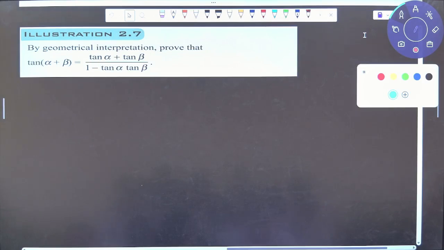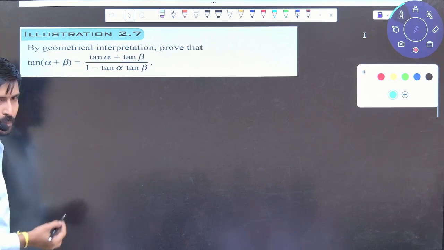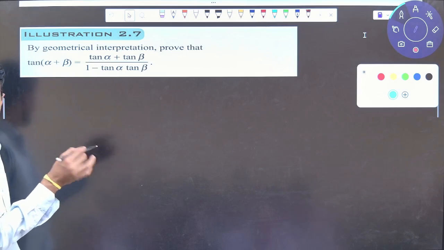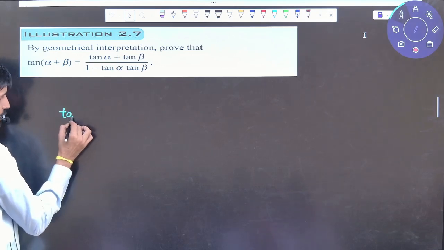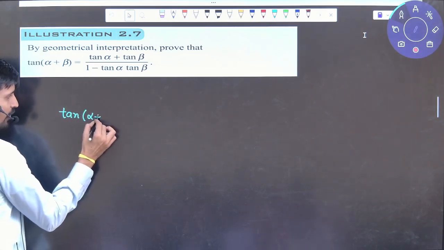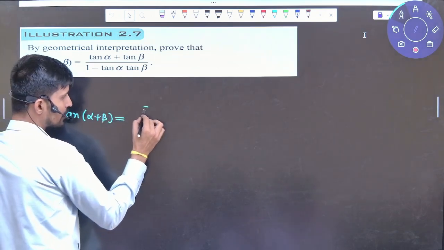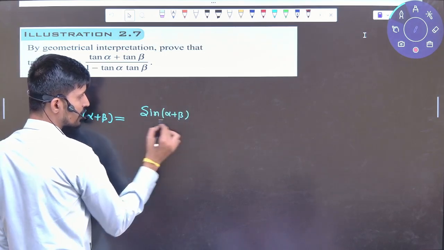Now you'll write this proof along with me. We have to prove tan alpha plus beta is tan alpha plus tan beta upon 1 minus tan alpha into tan beta. So I am going to take tan alpha plus beta. So can we write tan alpha plus beta as sin alpha plus beta by cos alpha plus beta?